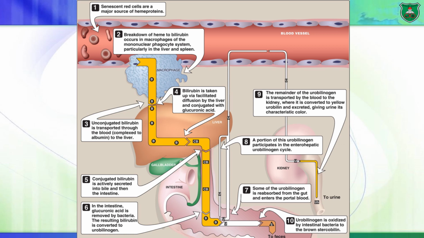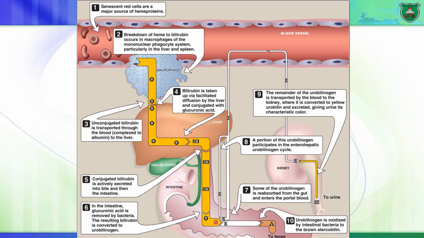So what happens, as I said, you have release of bilirubin. Bilirubin is carried by albumin to liver. In the liver it gets conjugated, so you have conjugated bilirubin. Then it goes into the bile, where it can then be dumped into the large intestines. Now, in the large intestines, the glucuronide moieties are removed, producing bilirubin again.